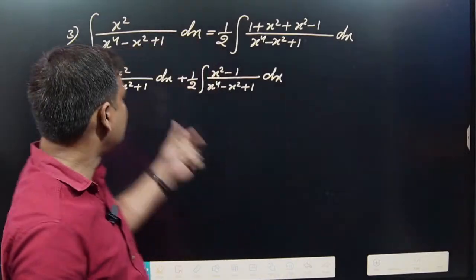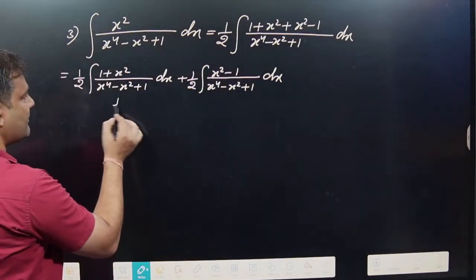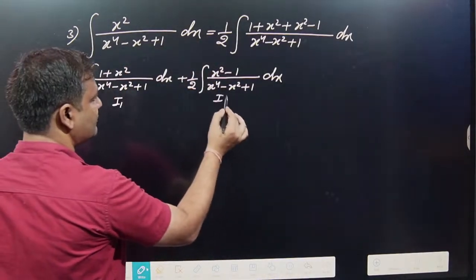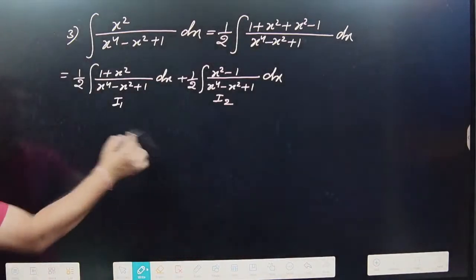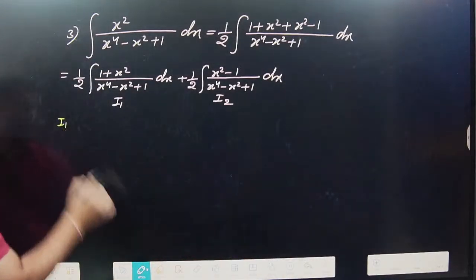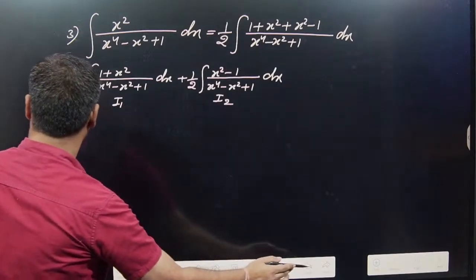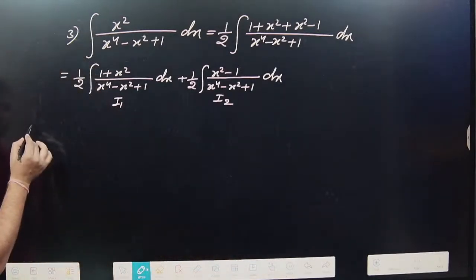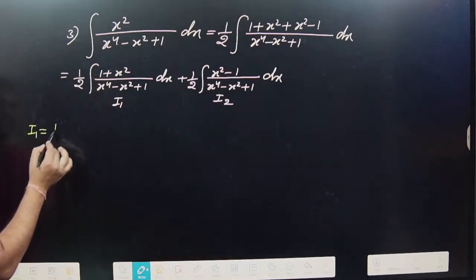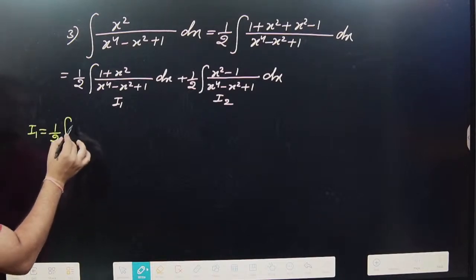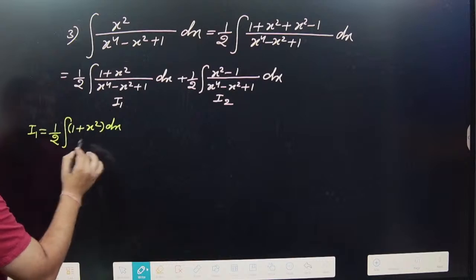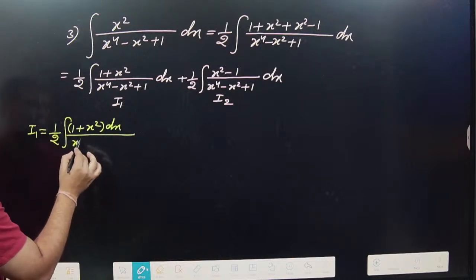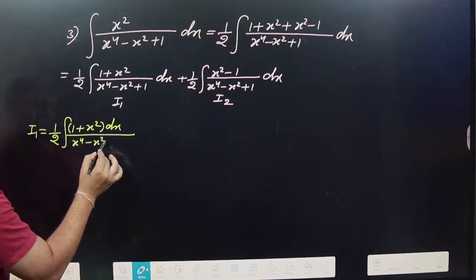Now consider this one I1 and this one I2. So we focus on I1 and I2. I1 is written as half into the integration of 1 plus x square dx divided by x to the power 4 minus x square plus 1.